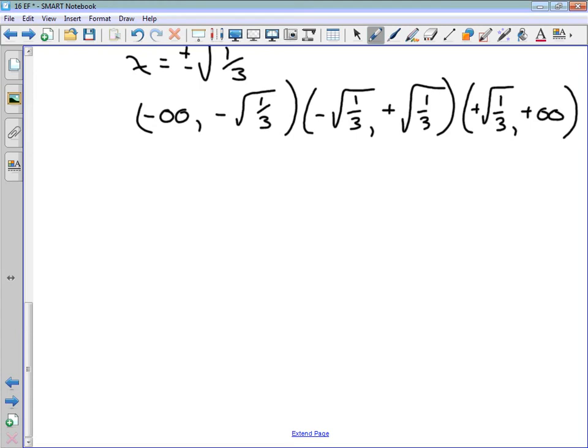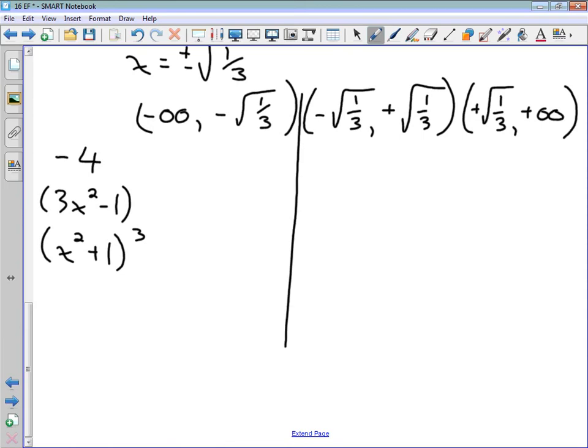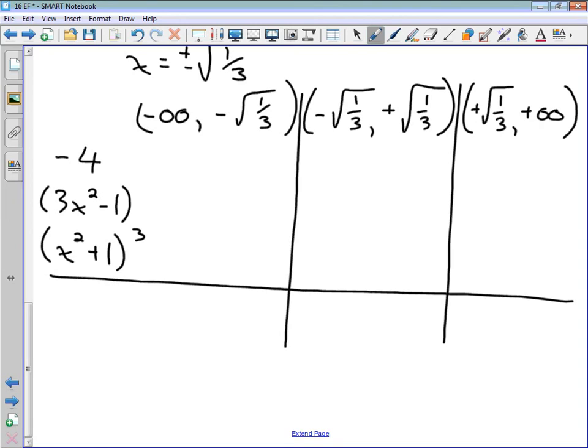So we have two terms up in the numerator, -4 and 3x squared minus 1. And we've got one term down in the denominator, x squared plus 1 all cubed, and we want to figure out how the sign of our second derivative is changing.